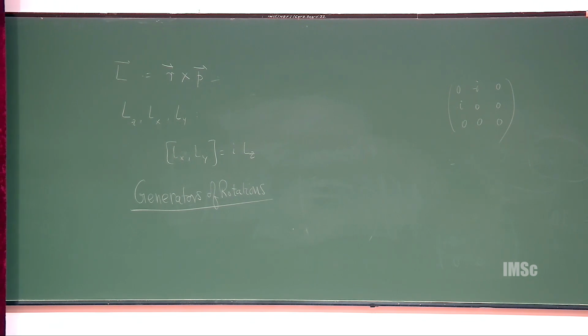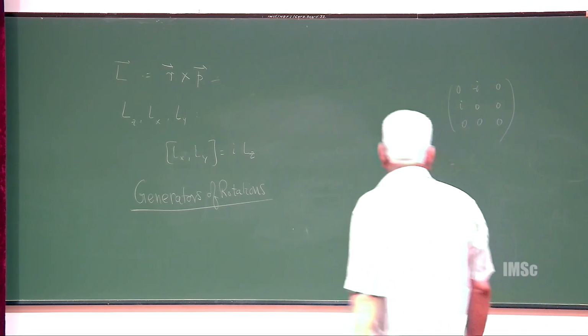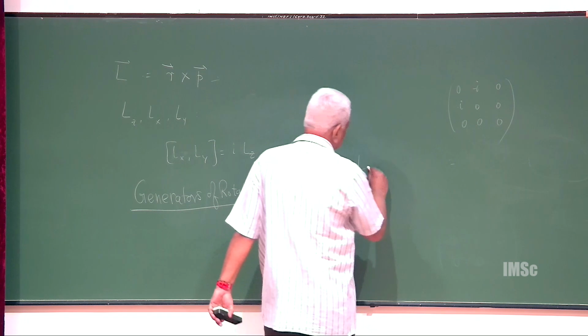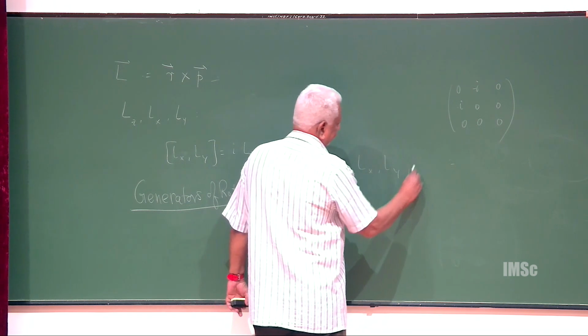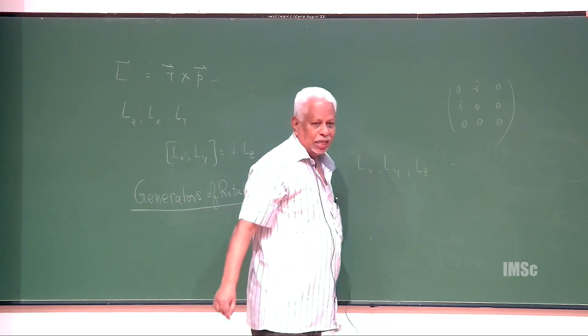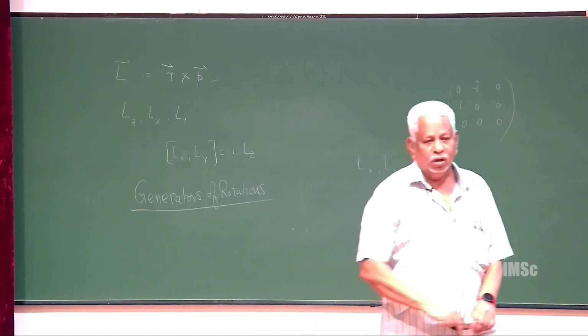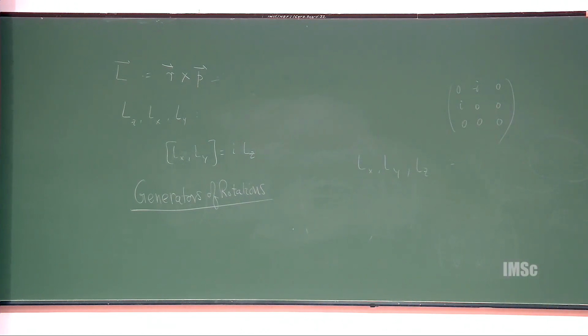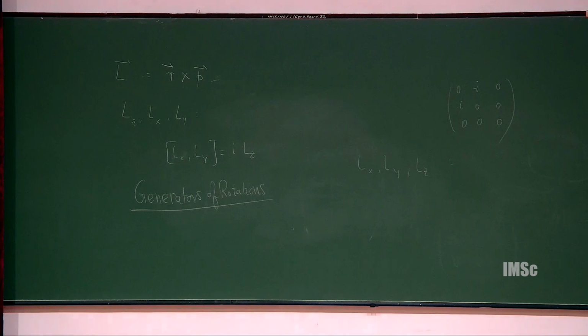Because if I work out for this matrix Lx, Ly, Lz, I can work out what the eigenvalues of Lz are. The eigenvalues of Lz will turn out to be 1, 0 and minus 1. Okay?